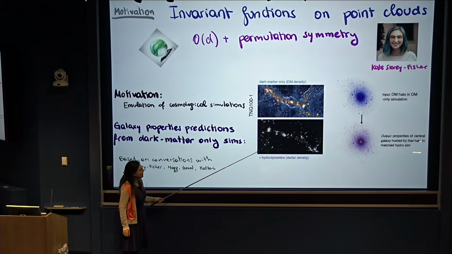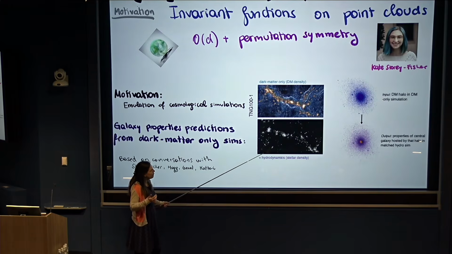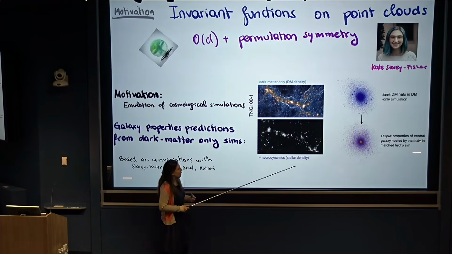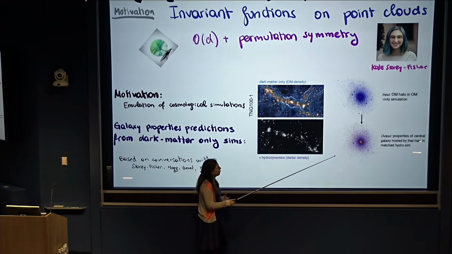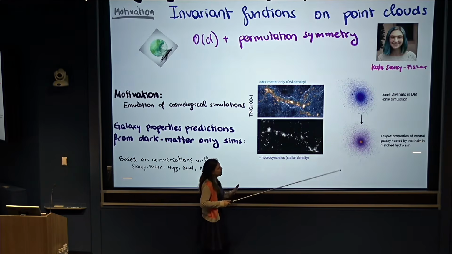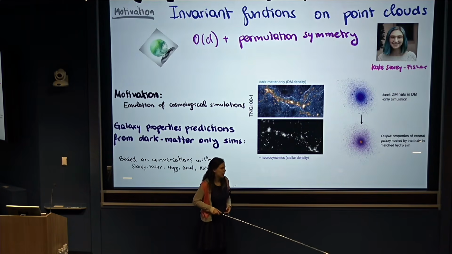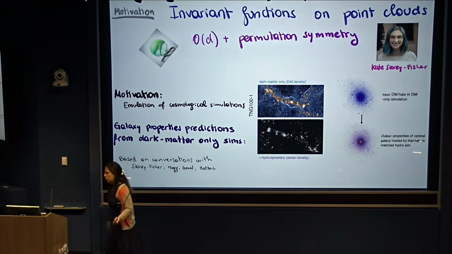This hydrodynamics simulation was an expensive cosmological simulation, and they had a cheaper cosmological simulation that was called the dark matter-only simulation. And so they wanted to learn properties of these point clouds that they would obtain with the expensive simulation from the cheap simulation. So it was like a regression problem on point clouds that was invariant with respect to orthogonal transformations and permutations. So how do we do that?